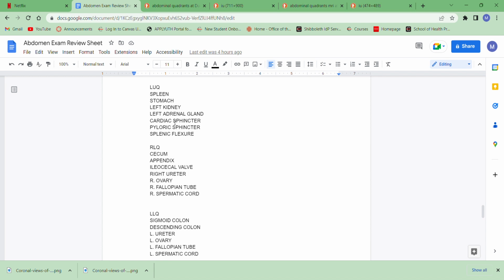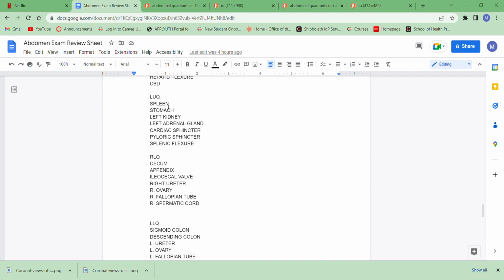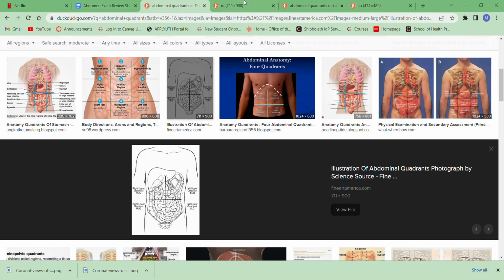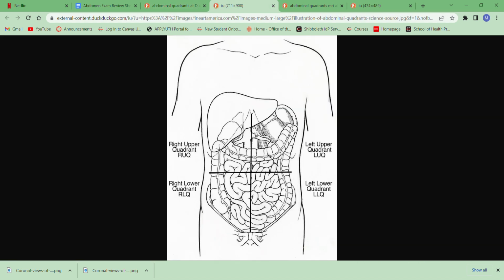And just ignore this because that's part of the stomach, and the splenic flexure. So here again, somewhere back here in this mess is the stomach and the spleen. And then you're going to see your left kidney and the left adrenal gland. And then this is the splenic flexure. So you do have some of the left lobe of the liver in the left upper quadrant.